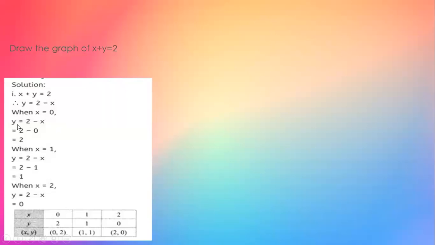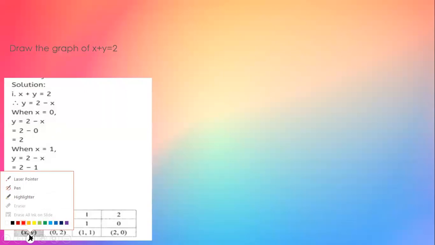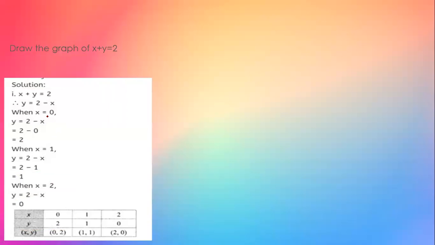Let us find y is equal to 2 minus x. This 2 we will copy as it is. Minus also we will copy as it is. Now in place of x, we will write 0. Okay, so here I have written 0. And what will be our answer? 2 minus 0.